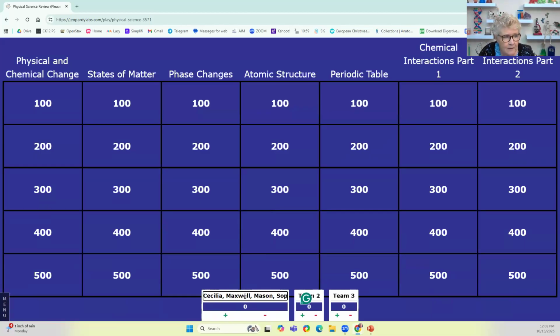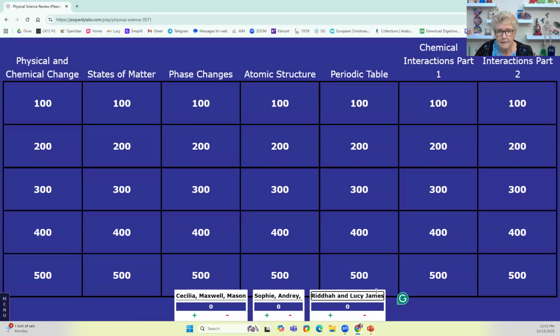Then team 2: Sophie, Andre, and then over here we'll have Rita. Lucy James, you need to change your name. Thank you, Lucy James. Okay, I think I have everybody now. As other people come in, I'll add them to teams 2 and 3.